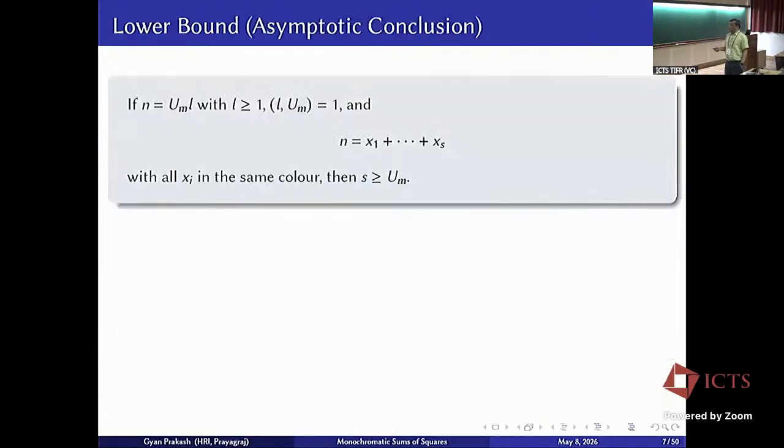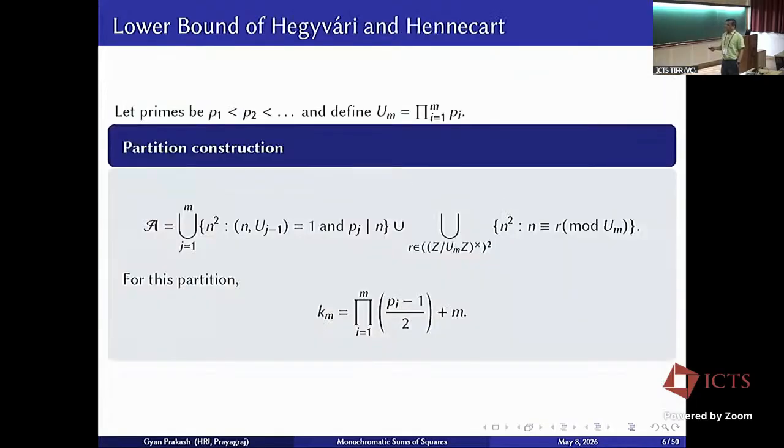Now consider any n which is of the form U times L, where L is co-prime to U. If you want to write this n as a sum of monochromatic squares, the first thing you notice is that none of these x_i's can have a prime divisor which divides U, because these x_i's are squares. If x_i has common prime divisors with U, then, because they are monochromatic, the smallest prime which divides them must be the same.